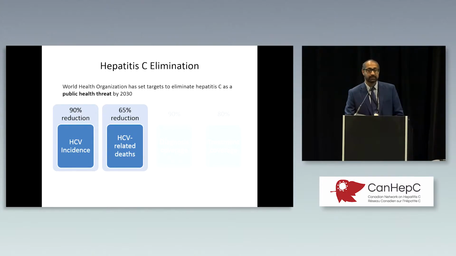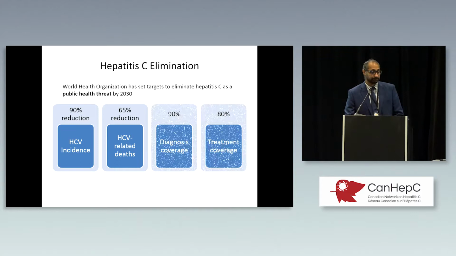These are the two targets defined by the WHO. And how can we achieve it? We should have the diagnosis rate reaching 90% and treat at least 80% of the eligible patients. So these are the definitions we're talking about for Hep C elimination.